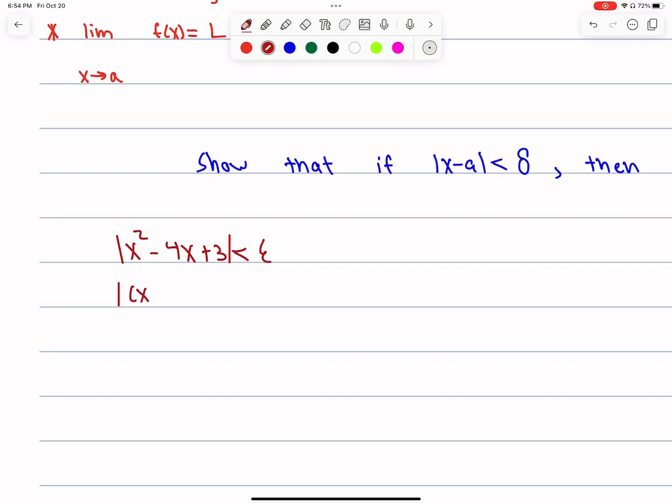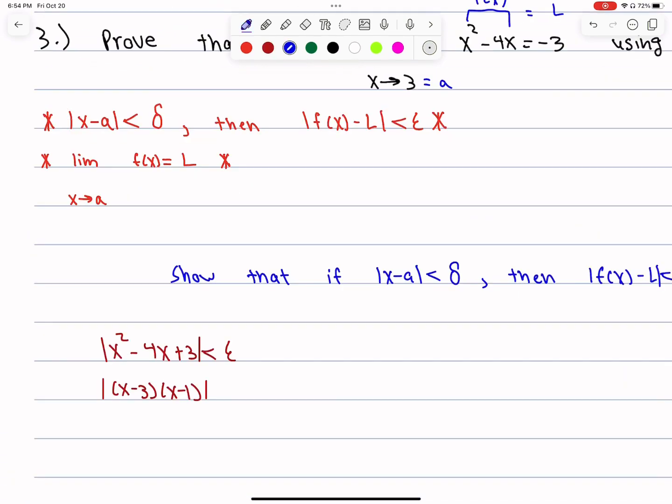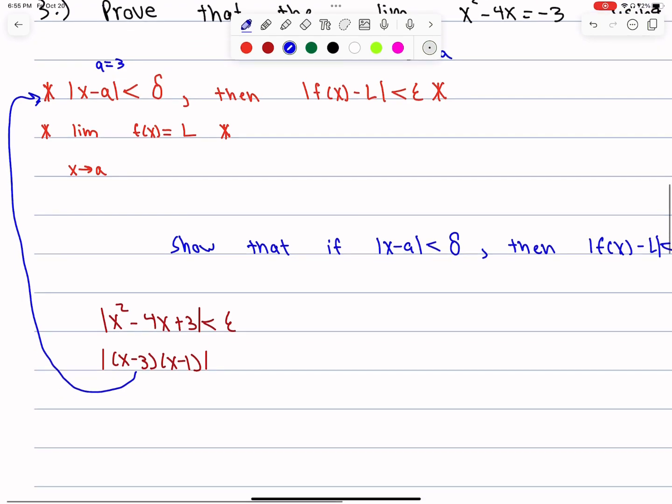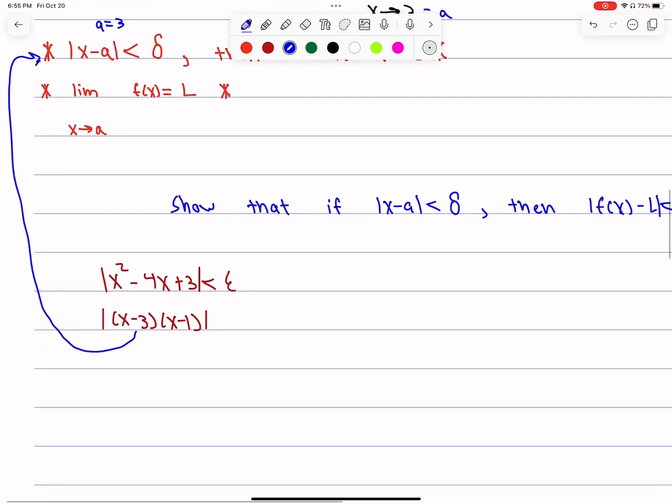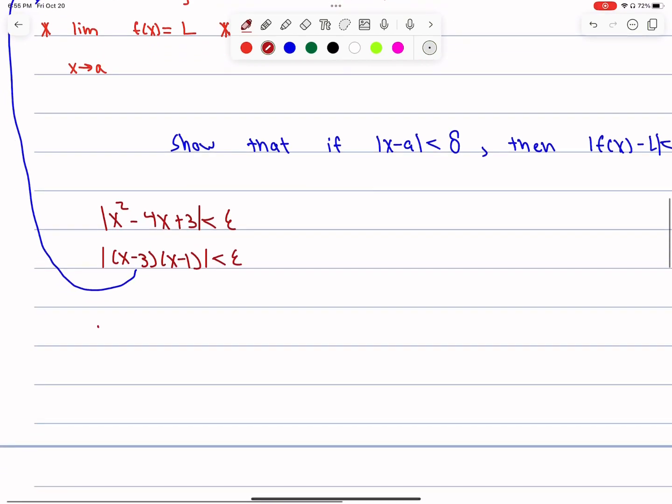So after successfully converting into that form, you want to factor the inequality now. That leaves you with the absolute value of x minus 3 times x minus 1 is less than epsilon. Side note, I forgot to write epsilon here, but the expression on top is the absolute value of x minus a is less than delta, and a is equal to 3.